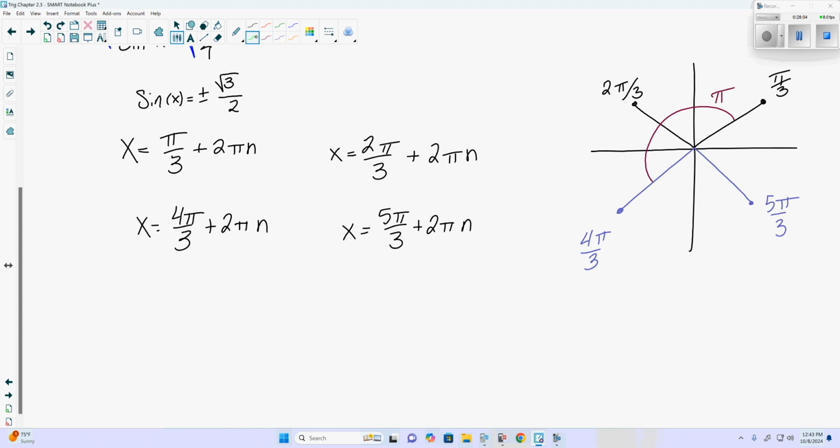Well, how about 2 pi over 3 to 5 pi over 3? It's a distance of pi, yes? And we do have this flip back and forth from one to the other, because adding 2 pi to pi over 3 will get me all the way back to pi over 3. But if I just add pi to it, I get 4 pi over 3, yes?